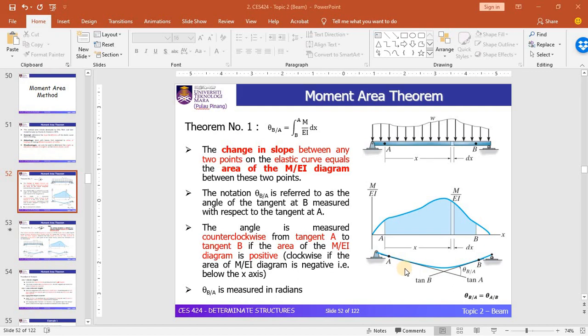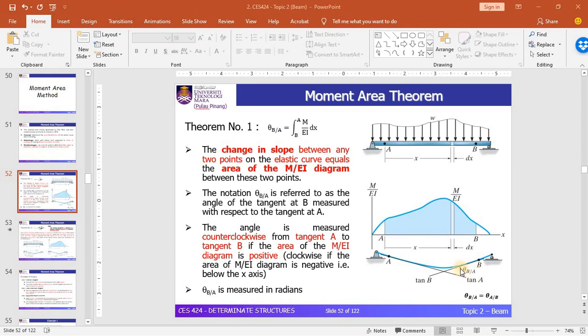Looking at this diagram, you can see two tangent lines drawn on this elastic curve. The first is the tangent at A, which we name tan A. The other is the tangent at B, which we name tan B. In between these two tangent lines, you can see an angle drawn from tangent A to tangent B, which we name theta BA.